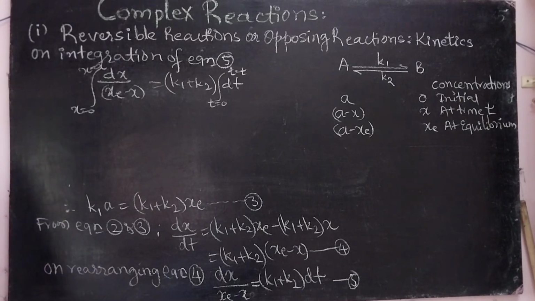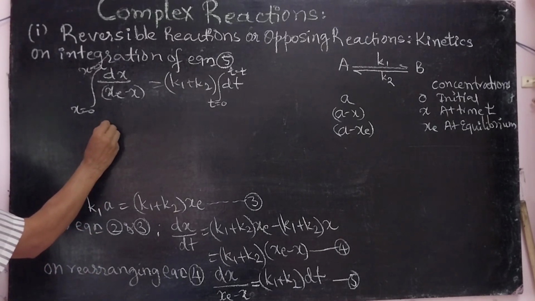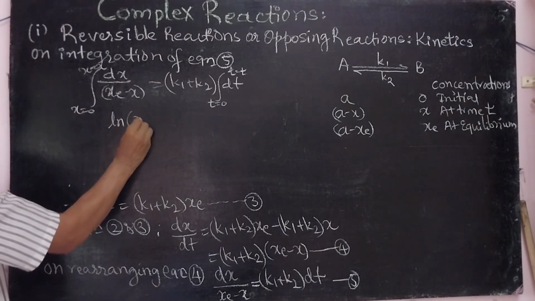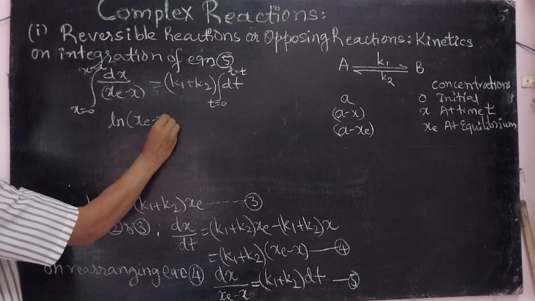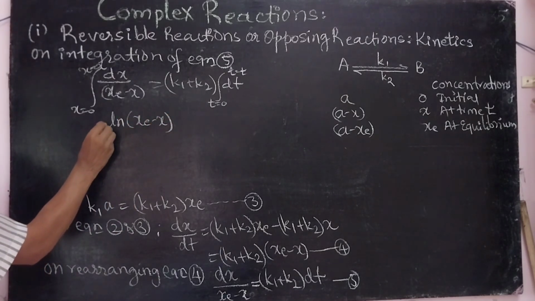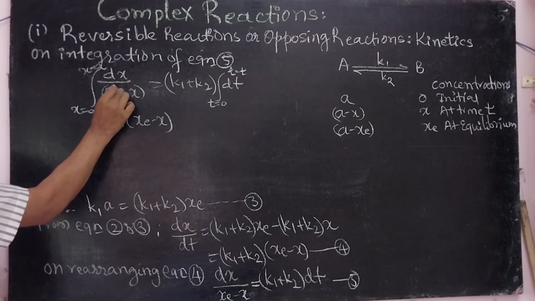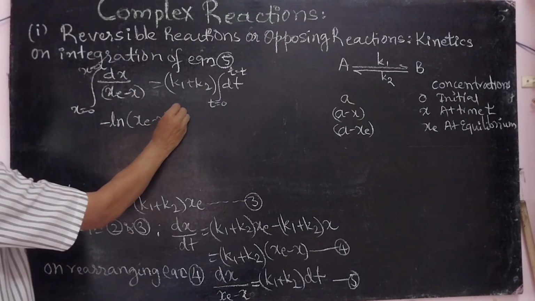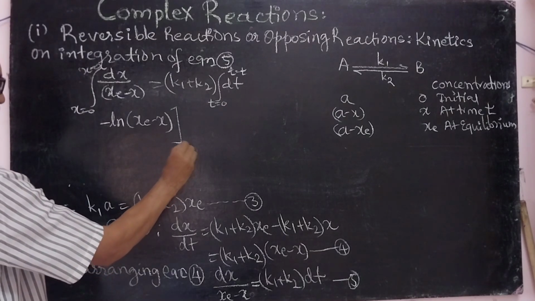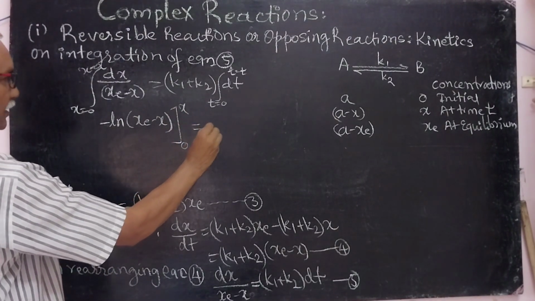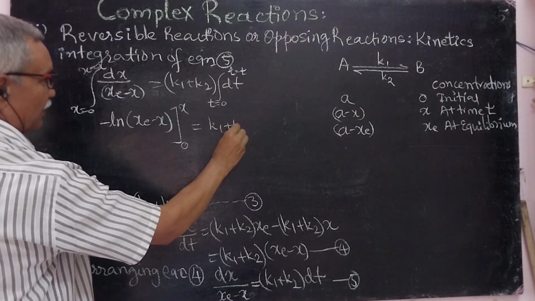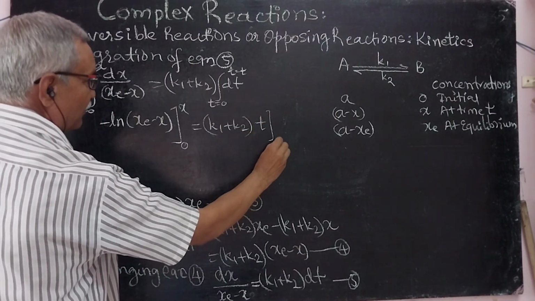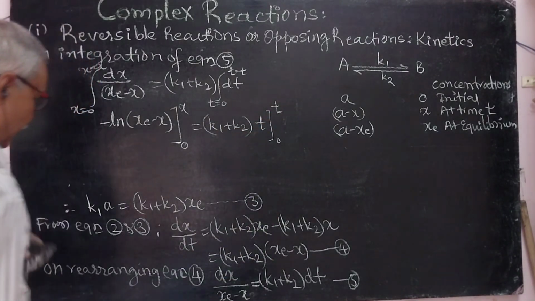On integration, you are going to get minus ln (Xe minus x), with negative sign because x is on the negative side, integrated from 0 to x, is equal to (K1 plus K2) into t, ranging from 0 to t.